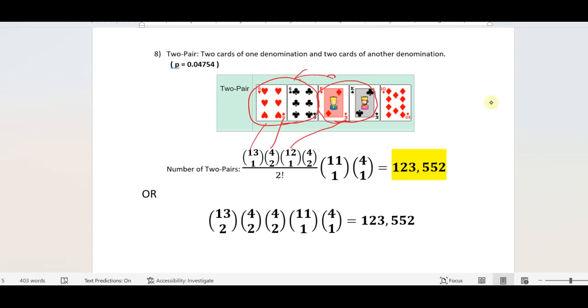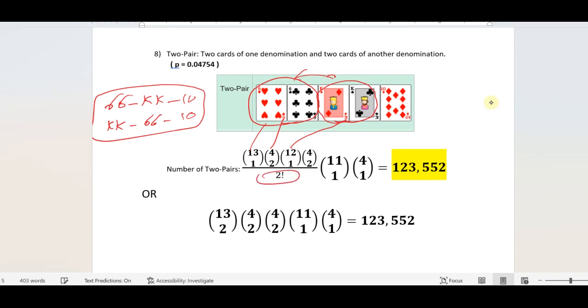So in other words, I could have 6 6 King King, or I could have King King 6 6, and of course my last one is a 10. See, these are the same poker hands, right? So therefore I need to divide by 2 factorial for the arrangement of the pairs, and this portion handles the last denomination.